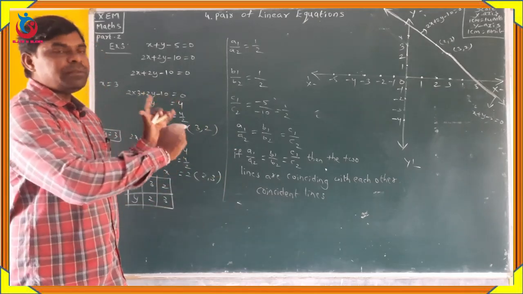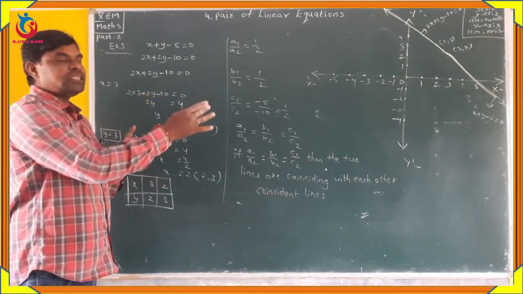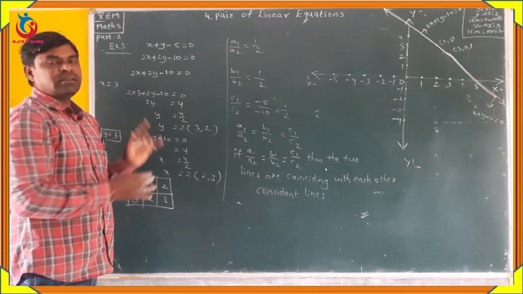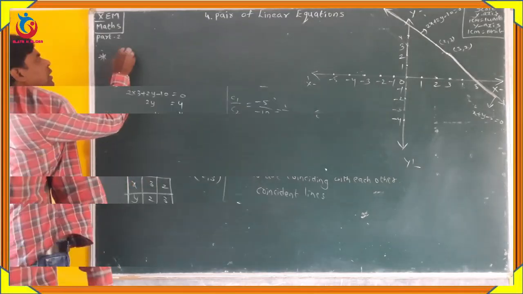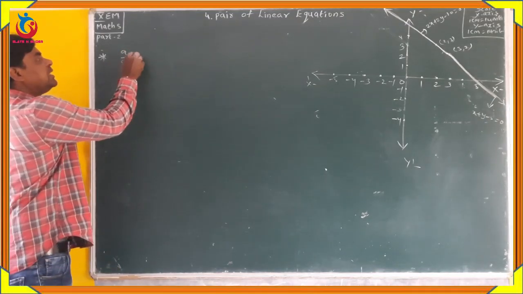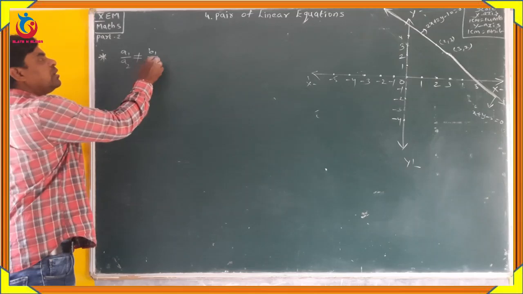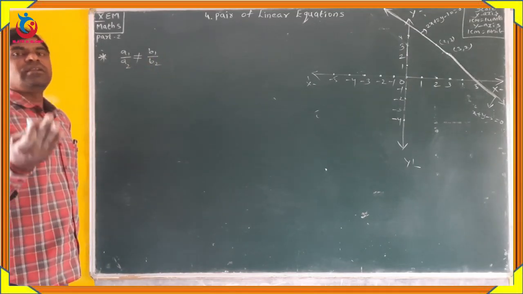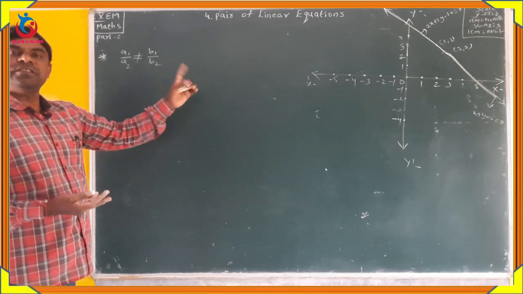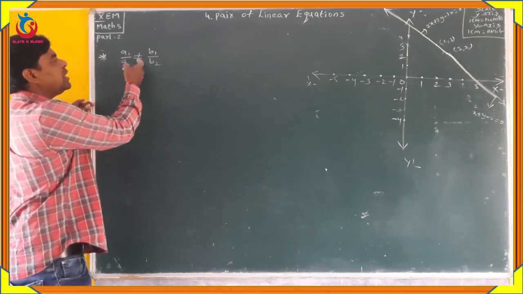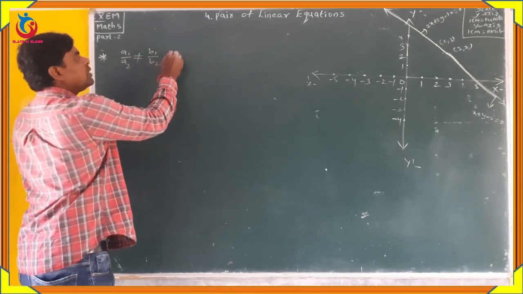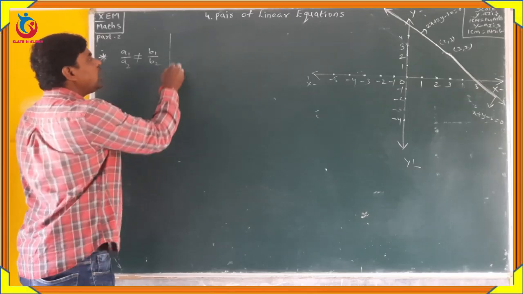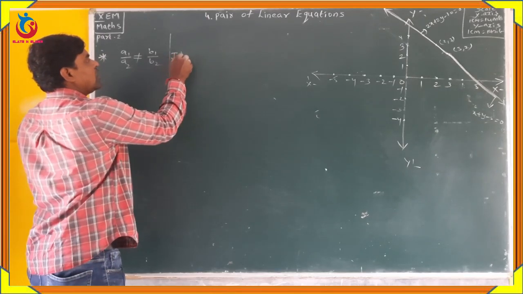Here we will integrate all these conditions and we will write in a box. A1 by A2 is not equal to B1 by B2. Here these two are not equal, so we should not bother about C1 by C2. So if A1 by A2 is not equal to B1 by B2, then the two lines are intersecting.